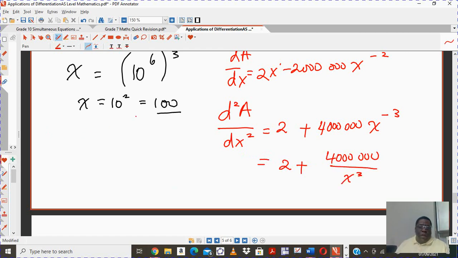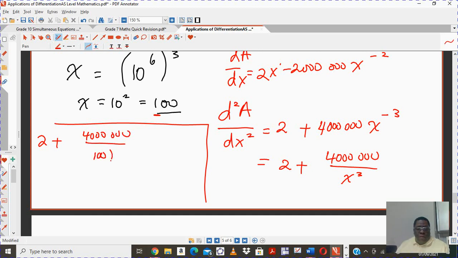So if x is equal to 100, to see what the derivative would be, that's going to be 2 plus 4 million divided by 100 cubed. Right.